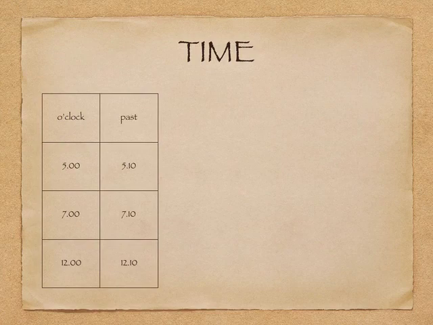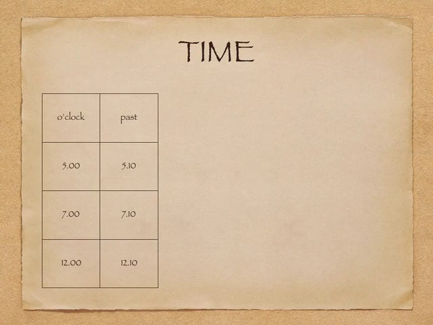Next, we can use the word past to talk about these times. For example, see the example here. 10 past 5. Next, 10 past 7.